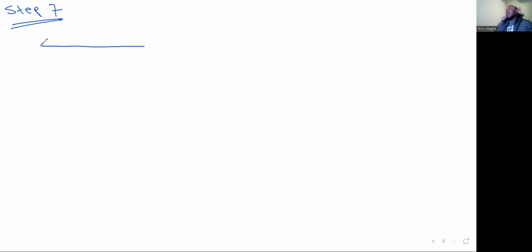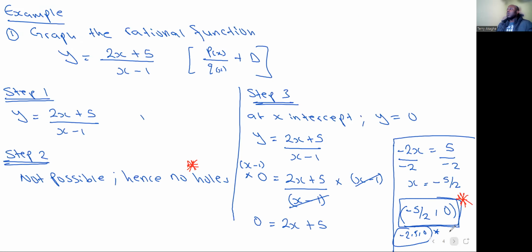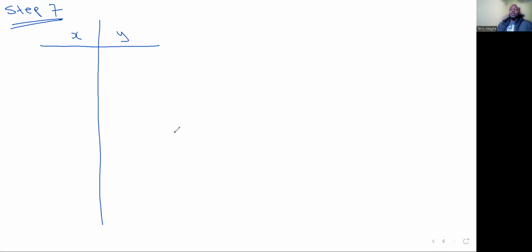We're going to have a table like this, with x and y. We're going to start with the x-intercept. We're told the x-intercept is minus 2.5 and 0. So the x-intercept is minus 2.5.